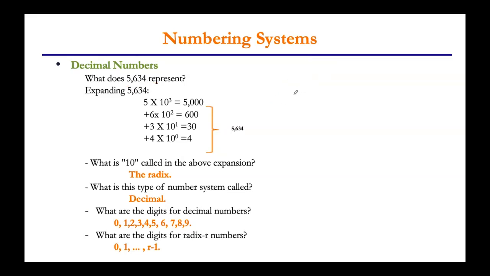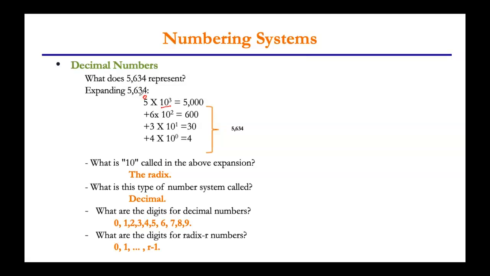How is it expanded? Every digit in this decimal number is multiplied by its radix, as we call it. The powers of 10 are written from 0, 1, 2, 3, and so on. So 5 is multiplied with 10 to the power of 3.